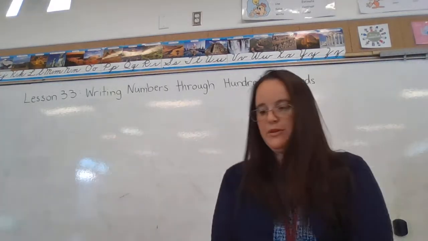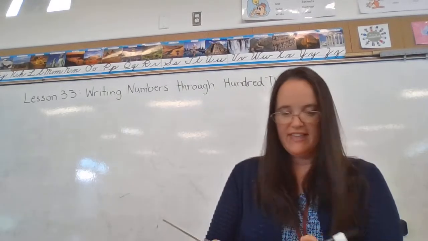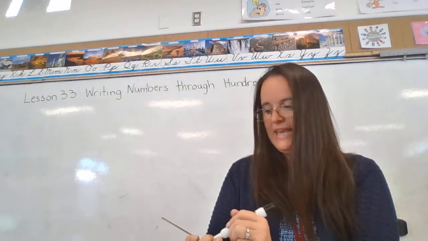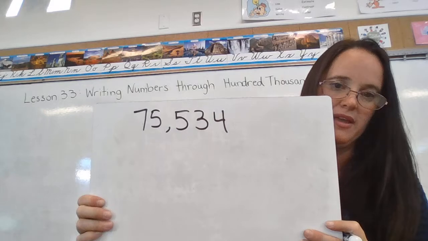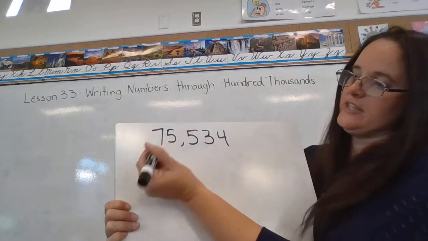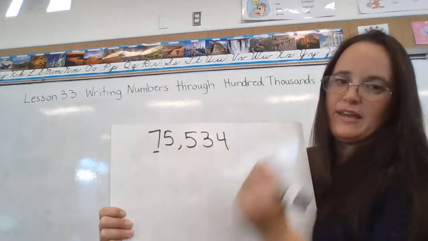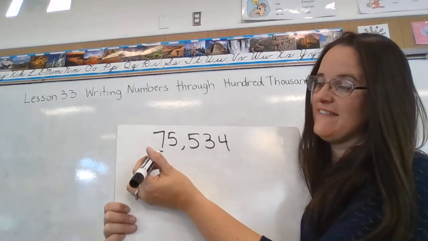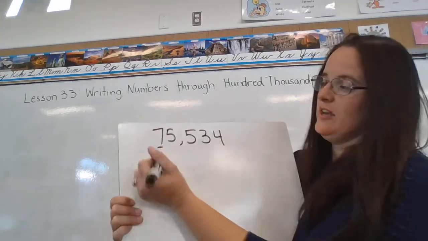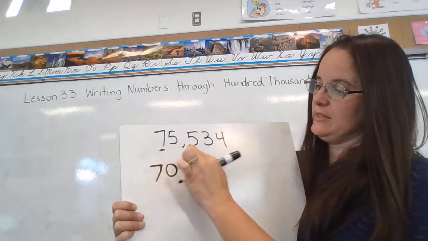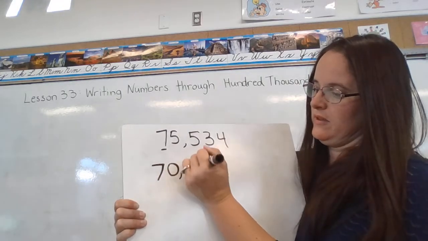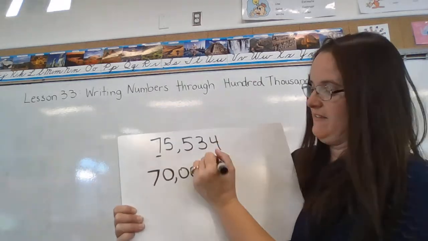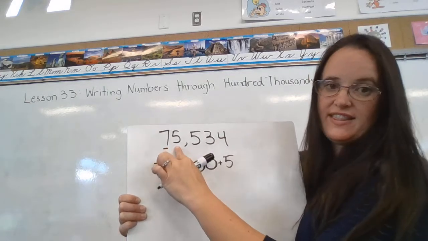All right, the next example says to write 75,534 in expanded form. Now, let's remember, in expanded form, we start with the biggest place value and we break it apart from all the rest of the digits. We say this is not just a 7. This is 70,000. We're going to write our 7, and then we're going to give each of these places a 0. So we've got 70,000 plus 5, but that's not just a 5, it's in the thousands place.